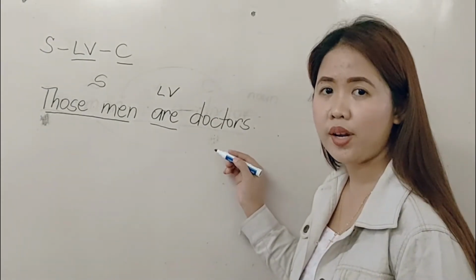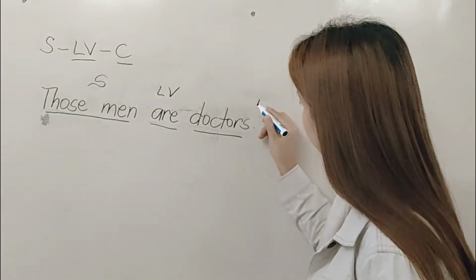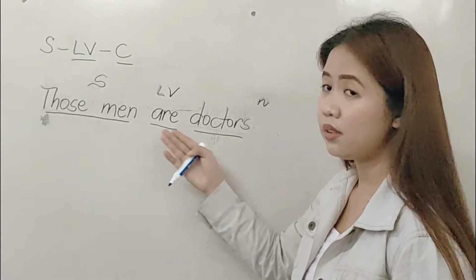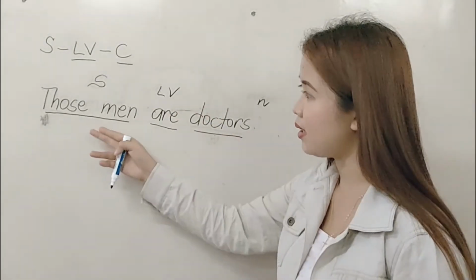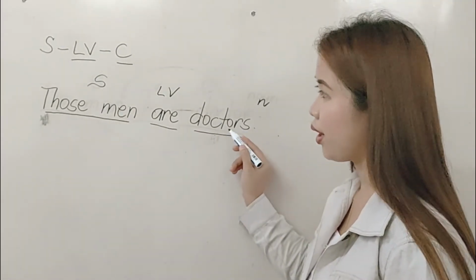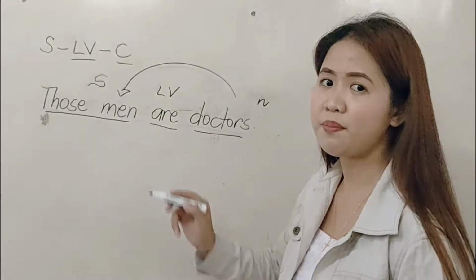The word doctors functions as a noun. Who are those men? Doctors. And who are the doctors? Those men. This means that the word doctors is a complement of the subject, those men.